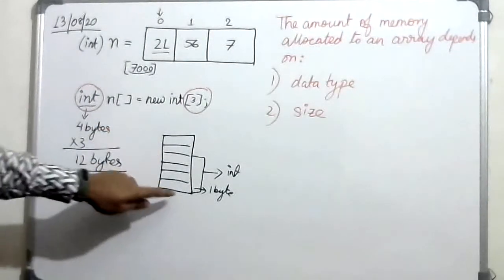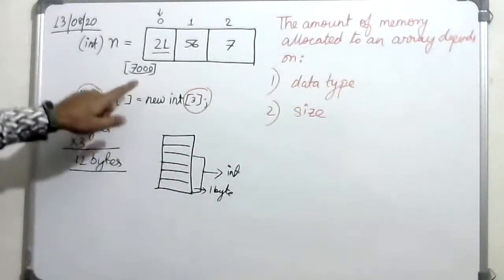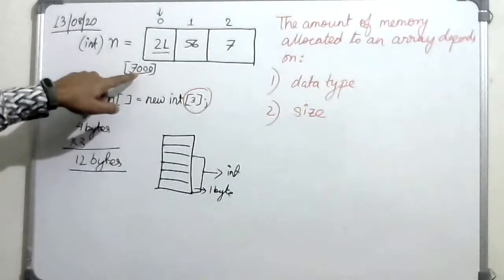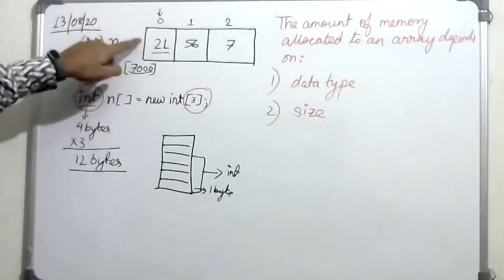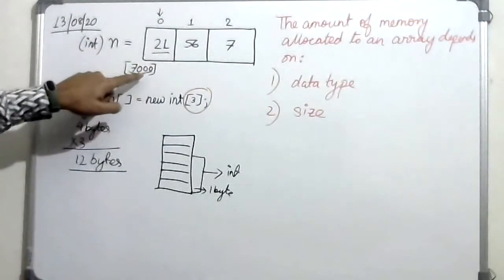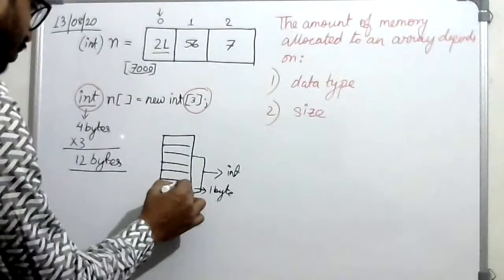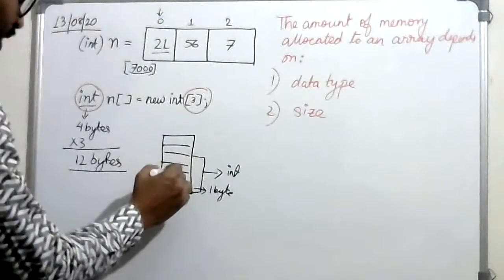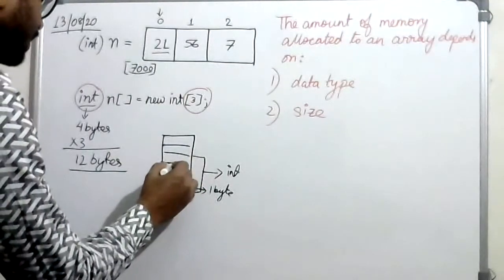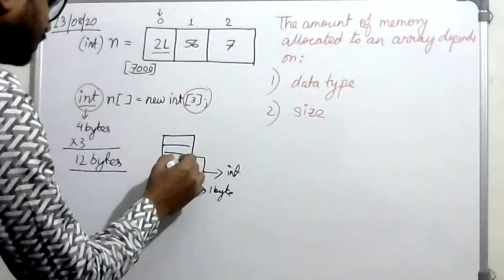Now, since each byte in memory has a single, unique address, such as 7000, which is the starting address of the first value, the next byte will be numbered 7001, and in a similar way 7002 and 7003.